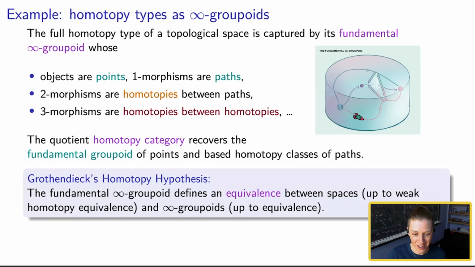And this has been done several times over. So it's both a theorem and a guiding principle that explains precisely what the relationship should be between infinity groupoids and spaces. Spaces are older mathematically. This idea of a homotopy type was understood before the idea of an infinity groupoid came on the scene. So Grothendieck is explaining the vision for homotopy groupoids, infinity groupoids.